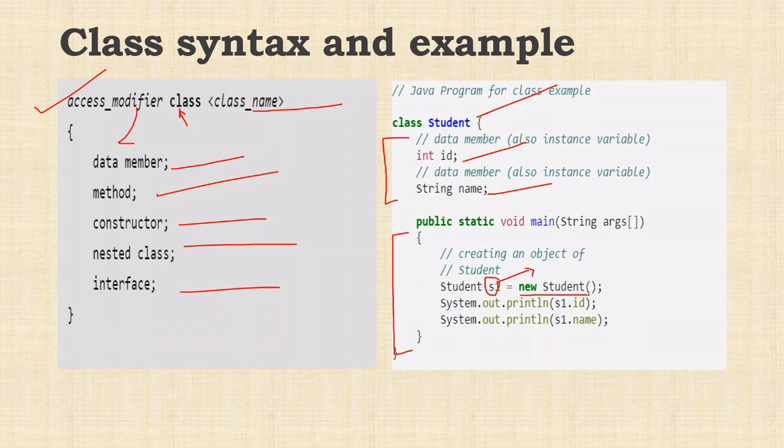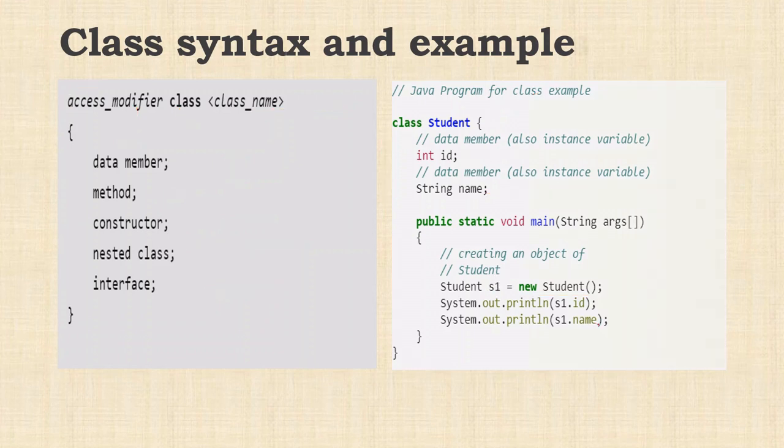With the help of new Student, it will create the object and assign it to the s1 reference variable, and we can call s1.id and s1.name to get the id value and name. Like this you can create a class inside Java.